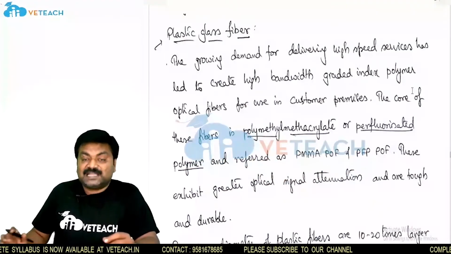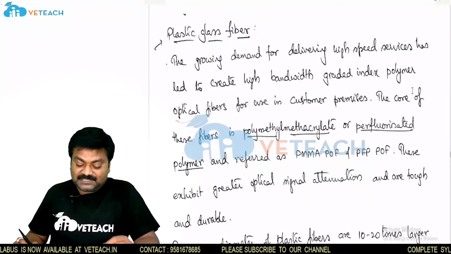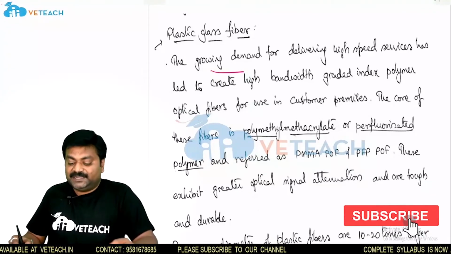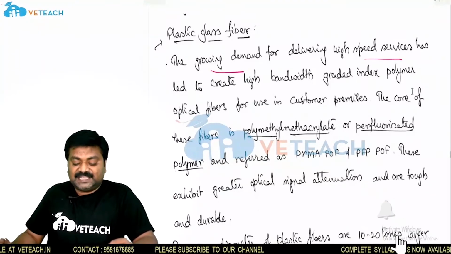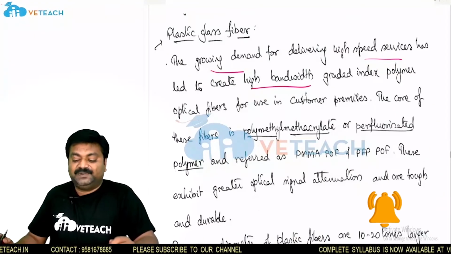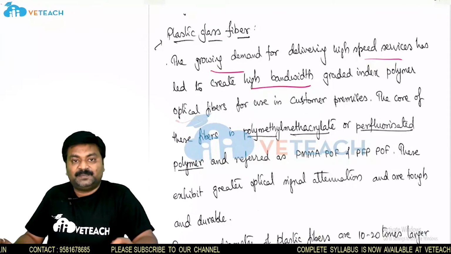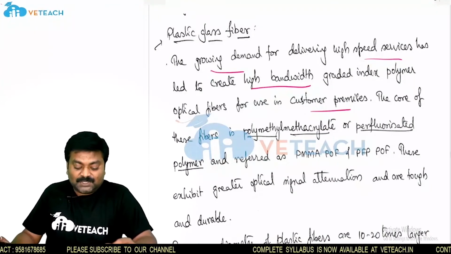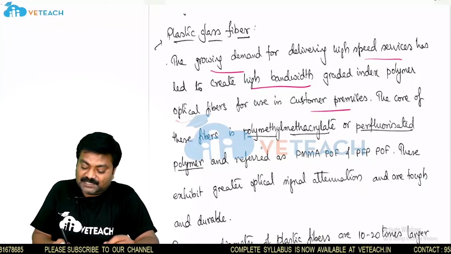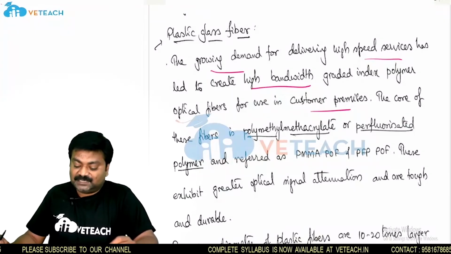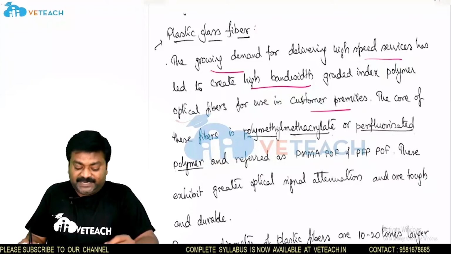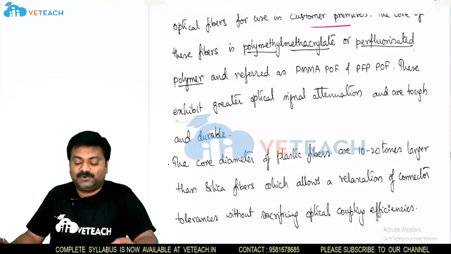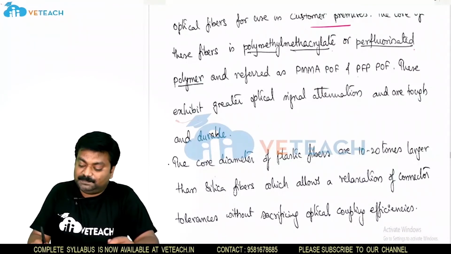Plastic fibers are the last type of fibers that we have, and the growing demand for delivering high speed services has led to the creation of high bandwidth graded index polymer optical fibers for use in customer premises. The core of these fibers is polymethyl methacrylate or perfluorinated polymer, referred to as PMMA POF and PFP POF.